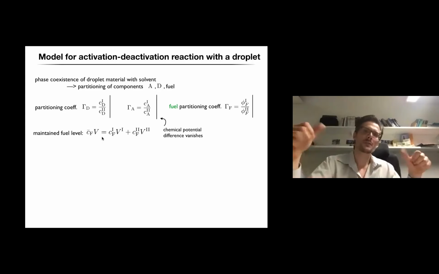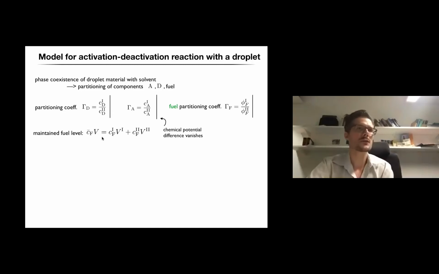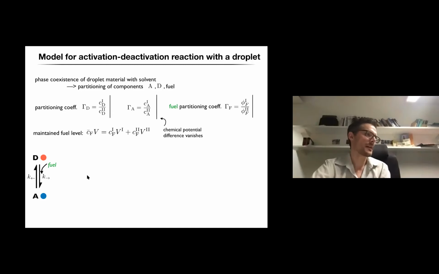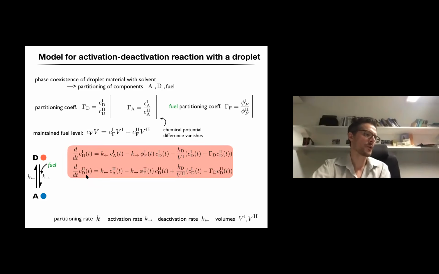As I said, I maintain the fuel level constant. So we just have a pipe, we just add the fuel to the system, and then you end up with 4 ODEs. Here are just the first 2 for the deactivated material inside and outside, and they have a very intuitive structure. They have this classical mass action structure that you would have guessed right away.